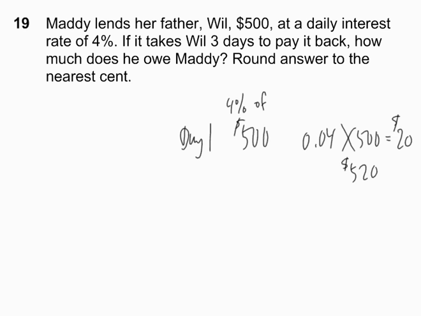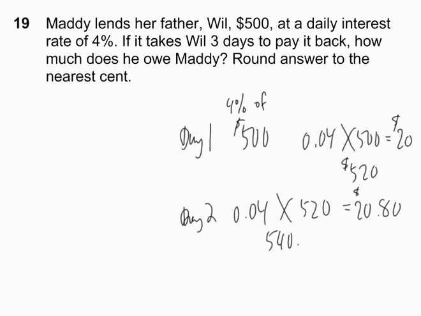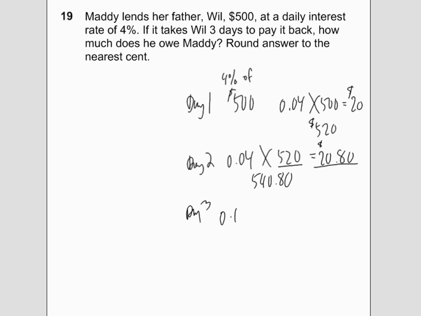Day two, I still don't pay it back. So we're 4% more, not of 500, but of the new loan of 520. That's going to be $20.80. Right? So now, at the end of day two, I owe her $540.80. Add on the interest to what I already owed her, and that's what I owe her. And then on day three, I go 4% more of the $540.80.